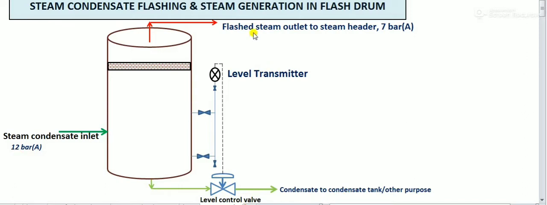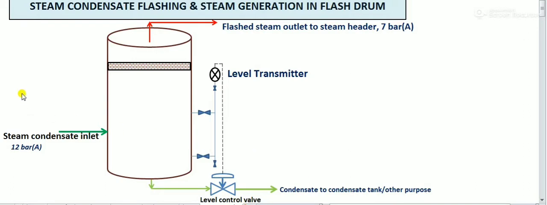That means if it is 12 bar, it should be less than 12 bar. For example, it could be 7 bar, or 4 bar, or 2 bar, based on our steam header availability and steam utilization. So by this we can avoid wasting the heat energy directly to the condensate conditioning unit.